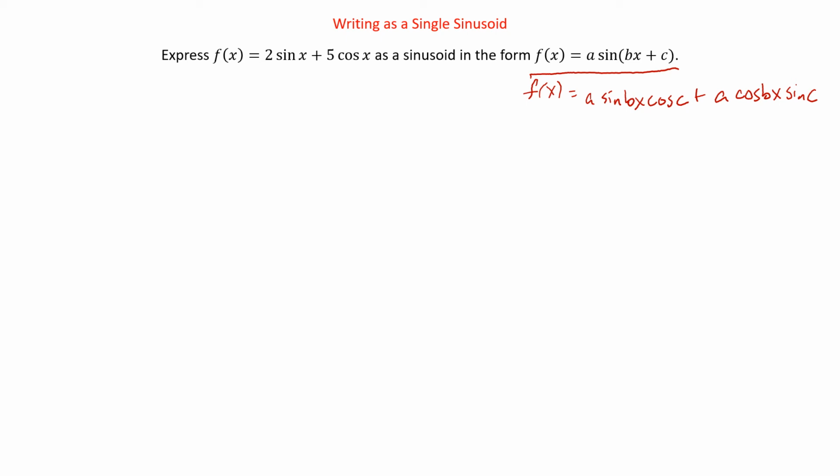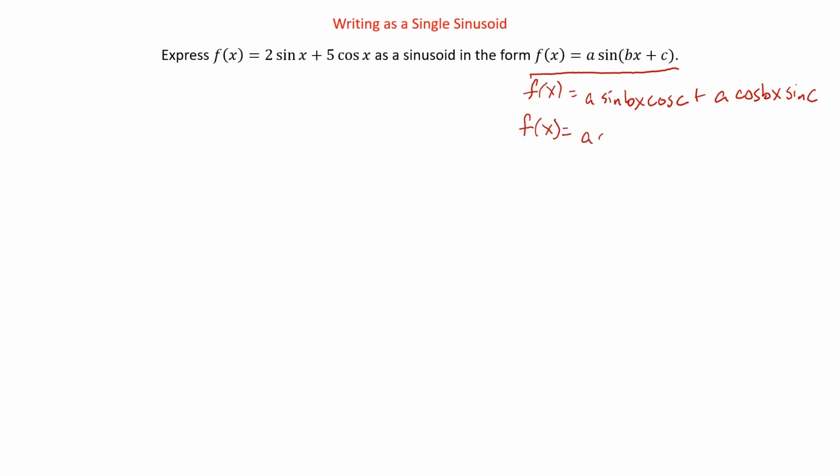So we have f of x equals 2 sine x plus 5 cosine x. So the first thing we would want to do is we have a sine x plus cosine x. So here we could rewrite this f of x equals a cosine c, where cosine c is just a constant.